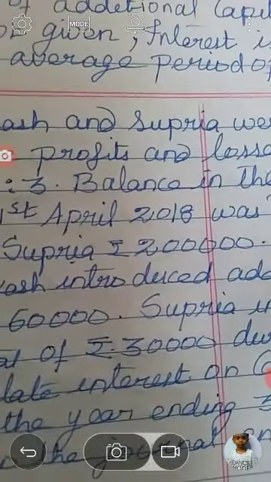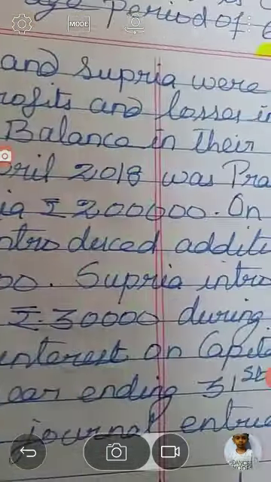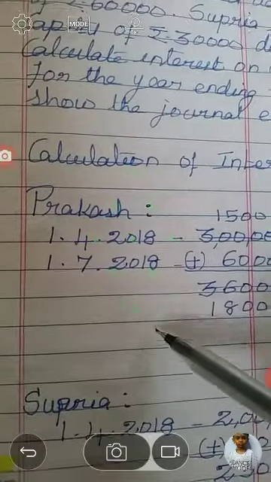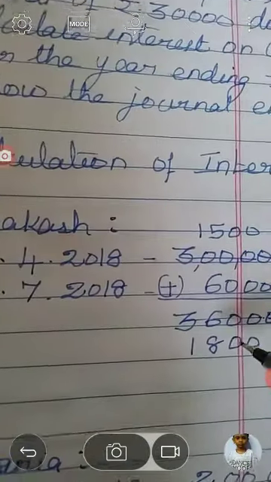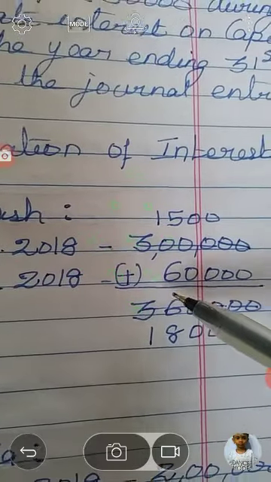Then on 1st July 2018, Prakash introduced additional capital of 60,000. On which date? 1st July 2018. So 1/7/2018 he introduced additional capital, so the capital has to be increased by 60,000.